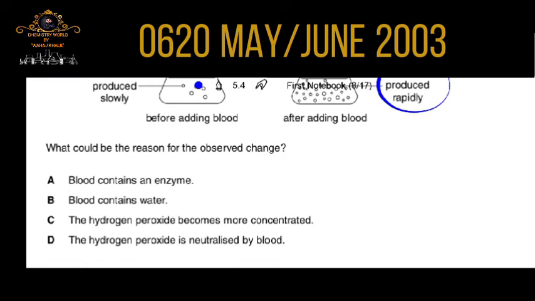So what could be the reason for the observed change? The blood contains an enzyme, the blood contains water, the hydrogen peroxide becomes more concentrated, or the hydrogen peroxide is neutralized by blood. So the blood contains a lot of enzymes. It is a tricky option.